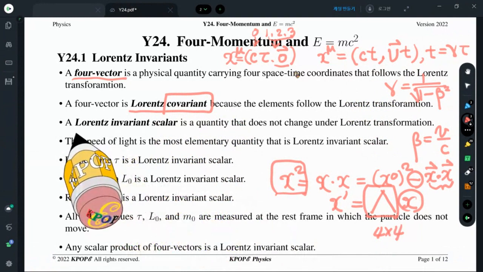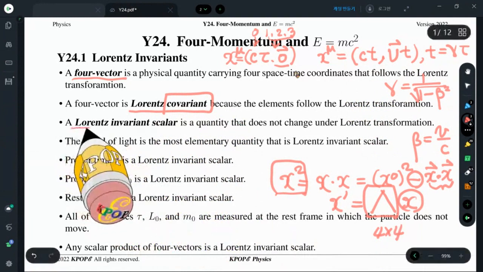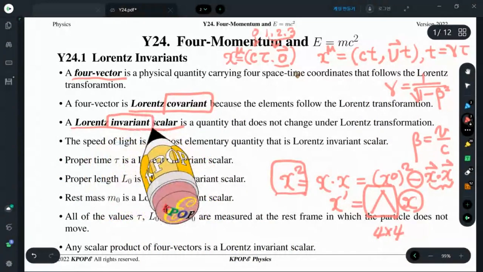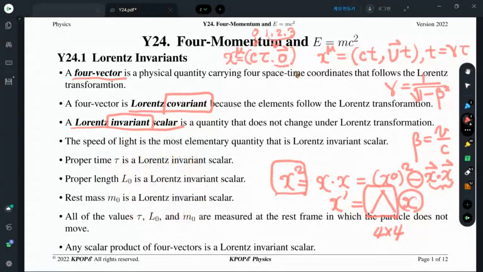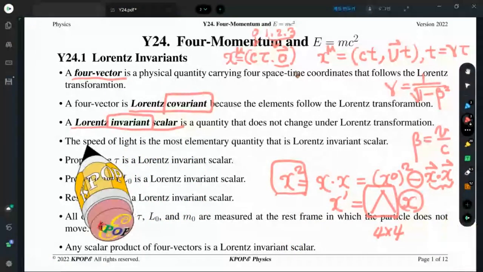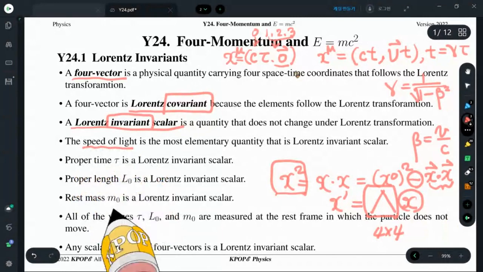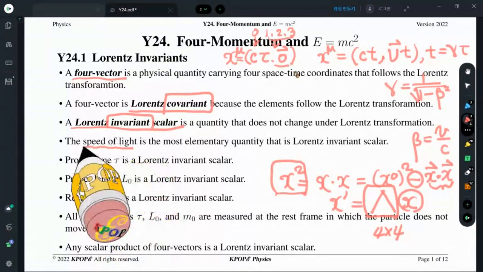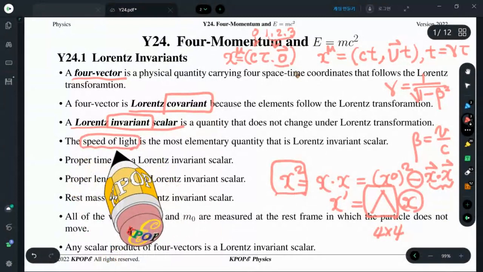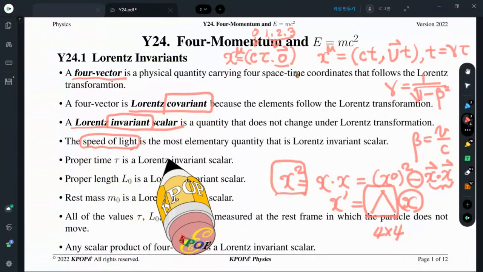Sometimes a physical quantity is invariant, that is, it does not change. So an invariant scalar is something like this x squared, any scalar product expressed in such a manner. The speed of light is invariant under the Lorentz transformation. That is the beginning assumption, called the postulate of the special theory of relativity.